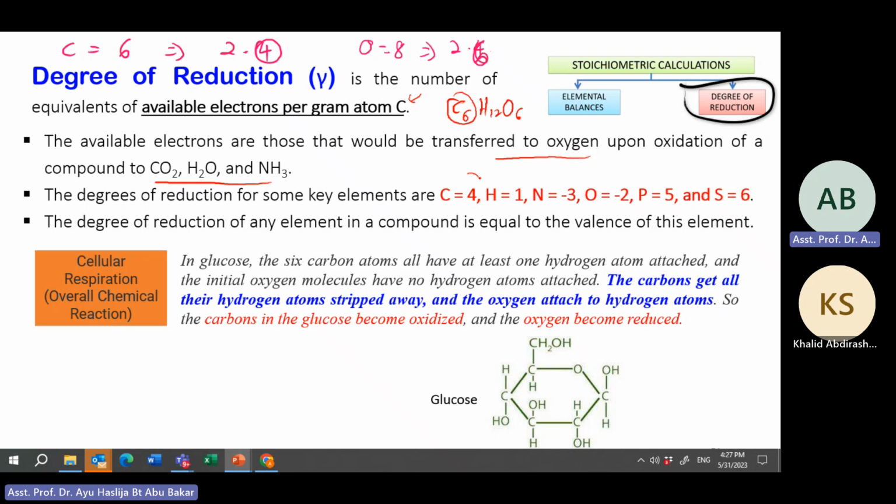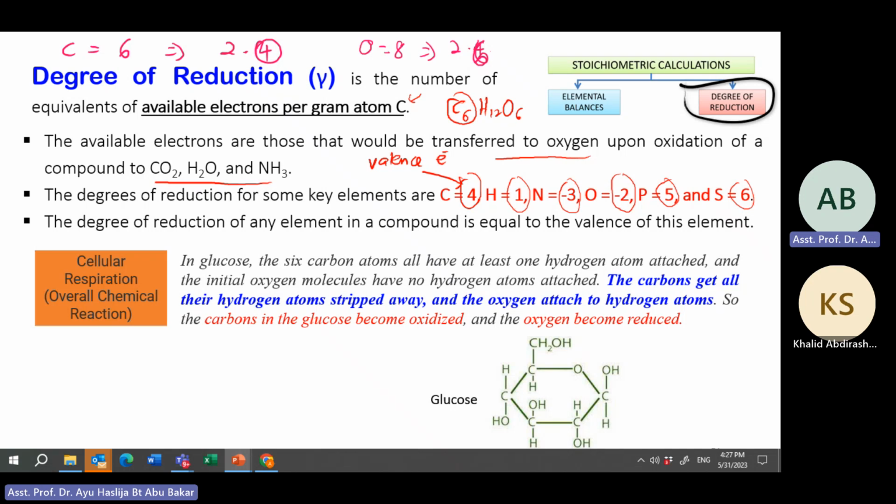Okay, this one actually, the valence electron of each atom. This is the valence electron. Okay, that's why it is involved in the ETC process.